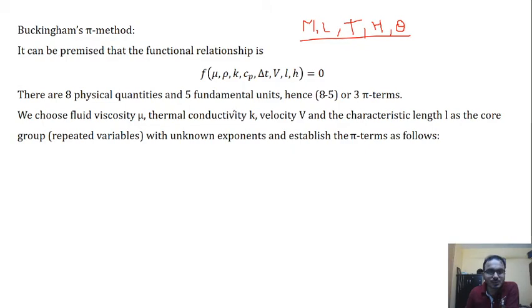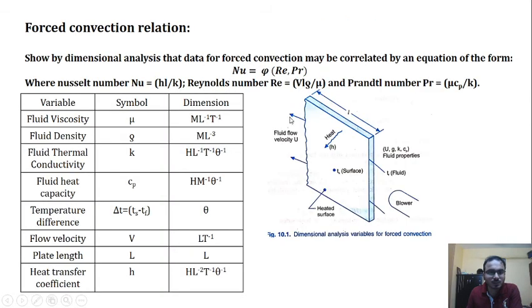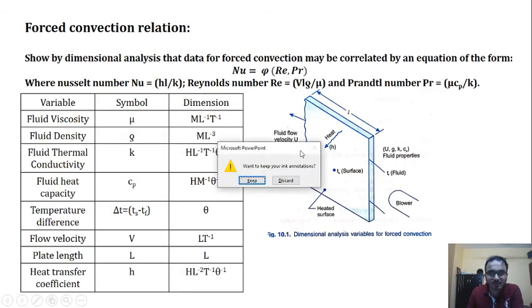And here we will choose mu, that is fluid viscosity, thermal conductivity K and velocity V, along with L as core group variables, and to establish the pi terms as follows. So for the remaining part, we will go into our virtual board to complete this derivation.